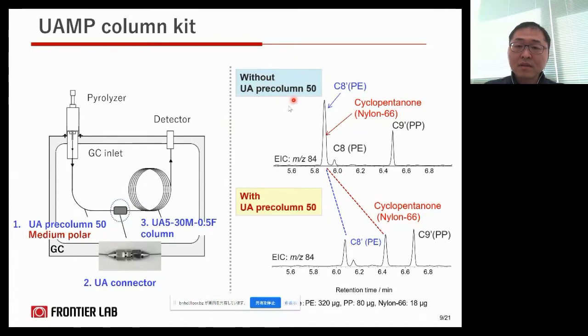Without this UA pre-column, you can see that the marker peak of nylon 66 is overlapped with the pyrolysates of polyethylene. With the UA pre-column, the peaks are well separated. Another advantage of this pre-column is to lower the risk of contamination of the separation column. If something is wrong with the peak shape, just replace the pre-column. It is a cheaper way to maintain your system.